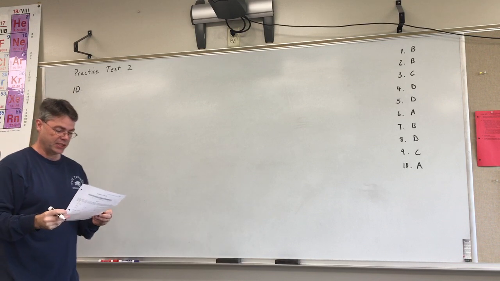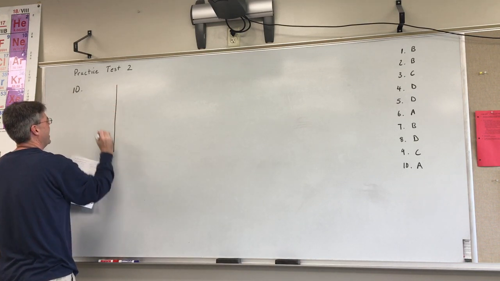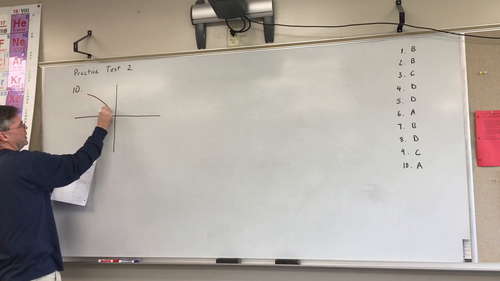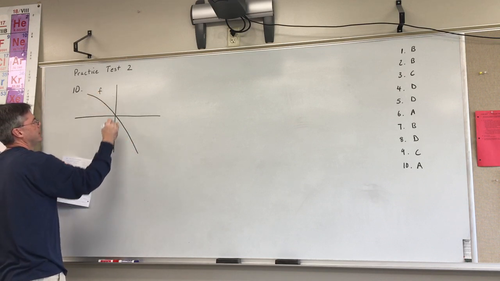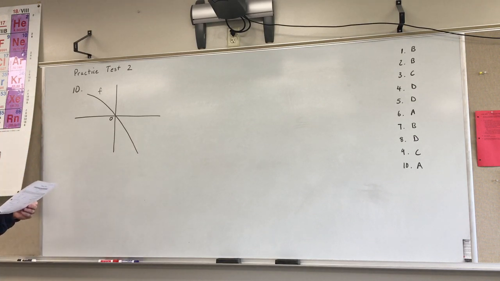Okay, number 10 says the graph of f is shown below. It says f is twice differentiable. Okay, so that just means you can take the second derivative. So it's always decreasing. And here we are at 0. So it says, which of the following has the largest value?